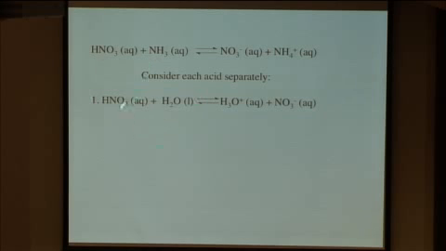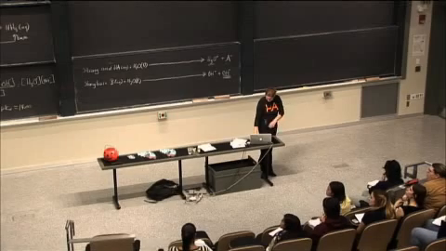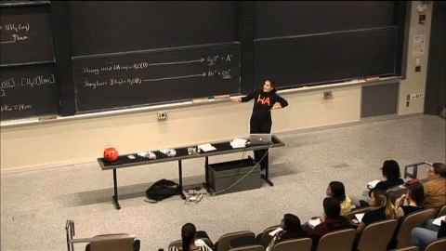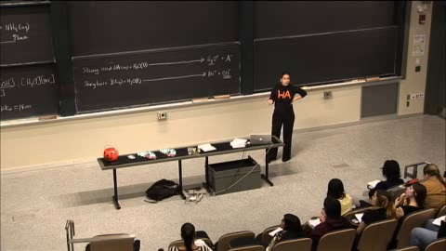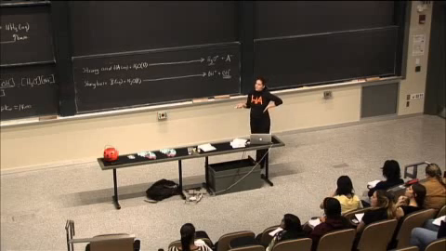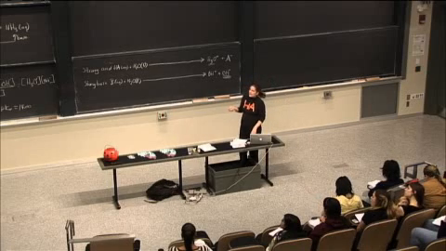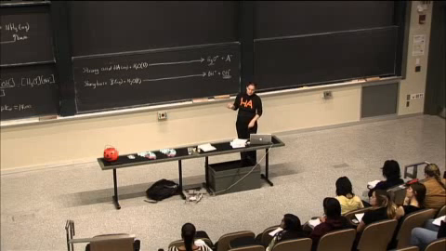So when it gives up its hydrogen ion to the water, it forms its conjugate over here. So now are we going to look at a Ka or a Kb? Ka. And so we're going to have our products over our reactants, and the number is quite large, 20, for that Ka. And now we can look at the other reaction as well.